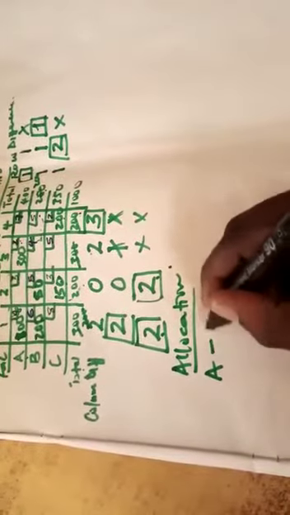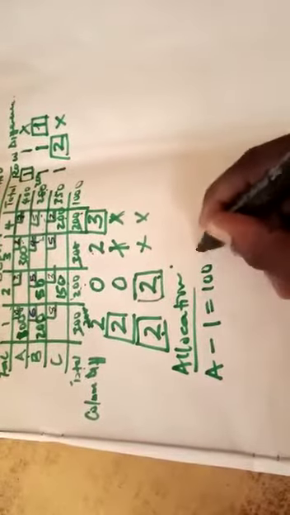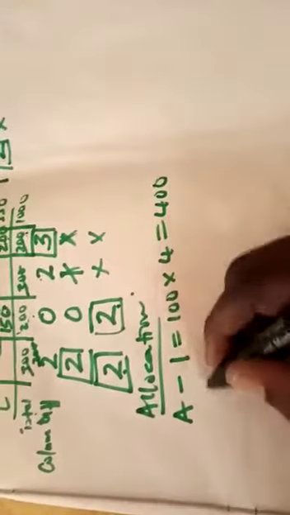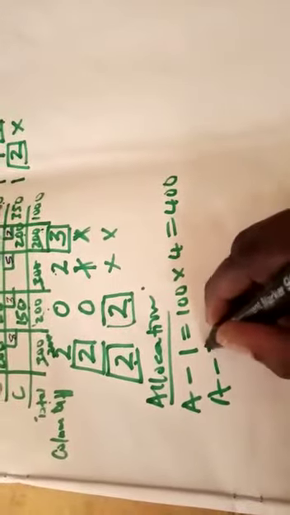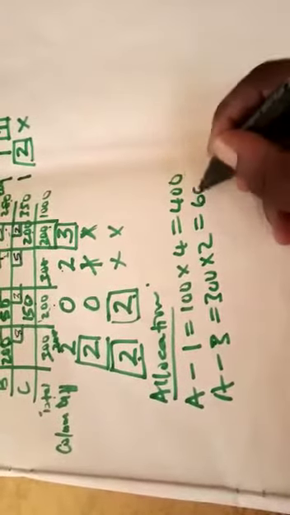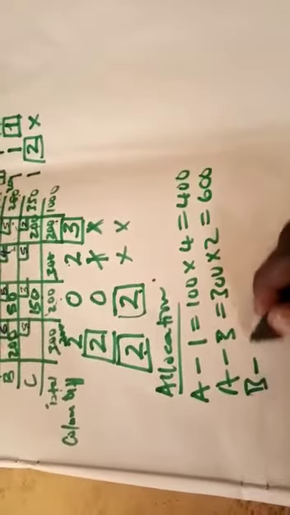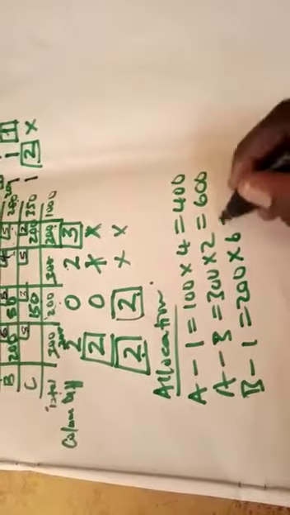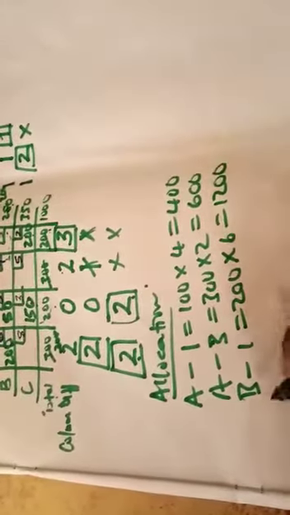That is how you deal with this, that we have said A to 1 with 100 units times 4. That will be 400. We have also decided A to 3 with 300 times 2, that will be 600. B to 1 with 200 units times 6, that will be 1200.